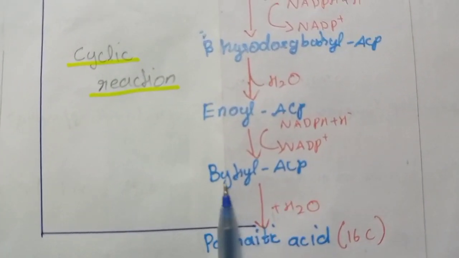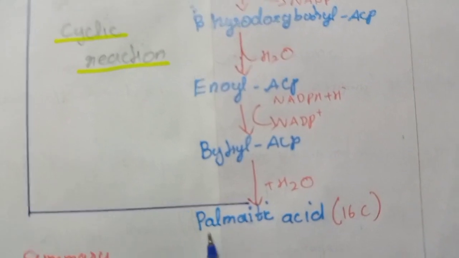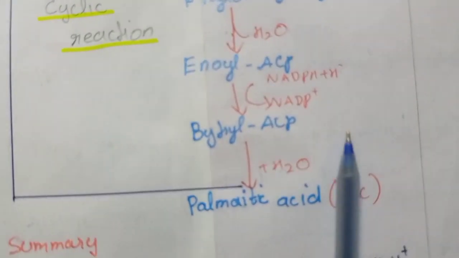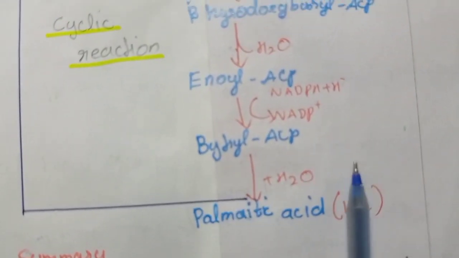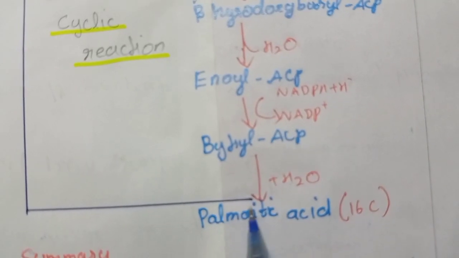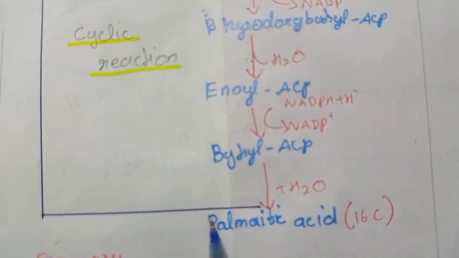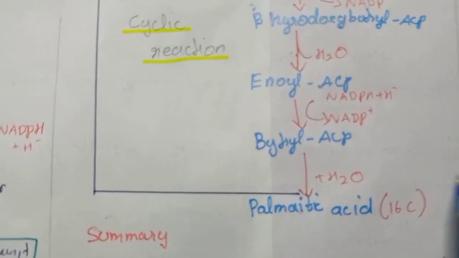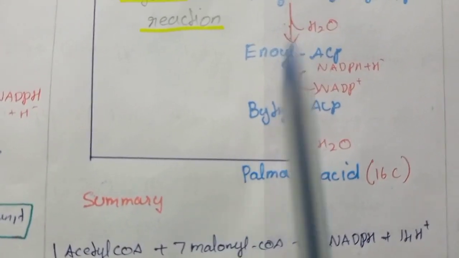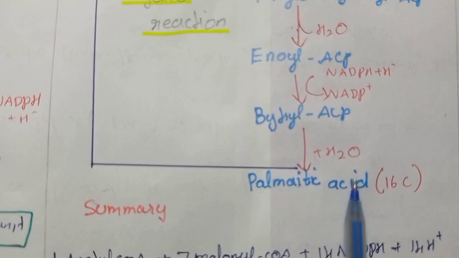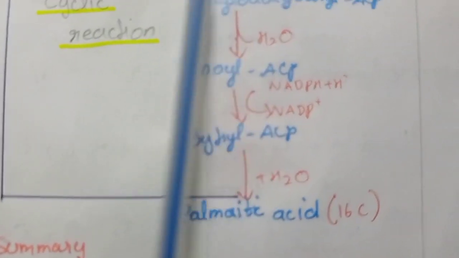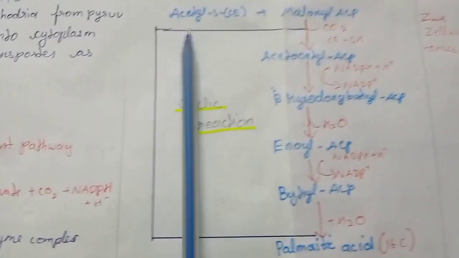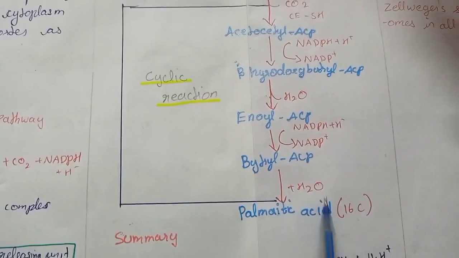Next, the butyryl ACP is converted to palmitic acid. This is the final step in which one molecule of H2O is utilized, but not released. Palmitic acid, as we know, is a 16 carbon compound. To form this 16 carbon compound, the third, fourth, fifth, sixth steps are repeated in a cyclic reaction for 7 times to form this palmitic acid.